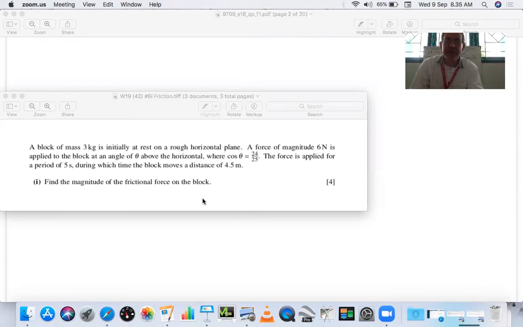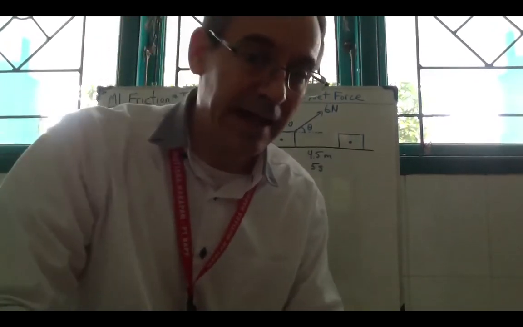A force of magnitude 6 newtons is applied to the block at an angle of theta above the horizontal, where cosine theta equals 24/25. The force is applied for a period of 5 seconds, during which time the block moves a distance of 4.5 meters. That's a lot of information. So before we get into the question, let's just go back and look at our diagram.